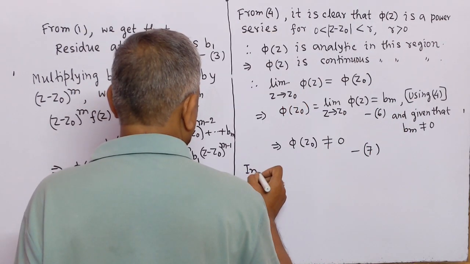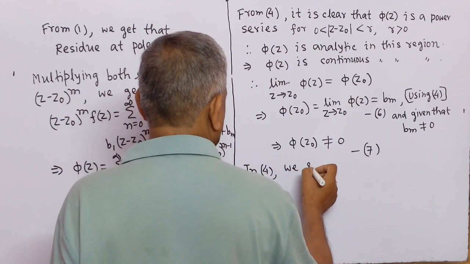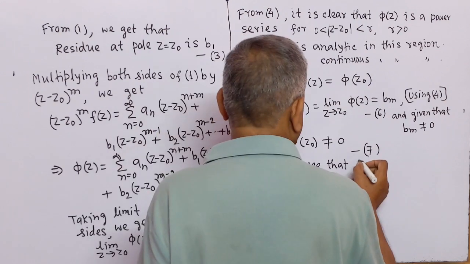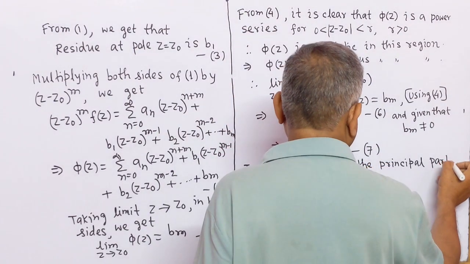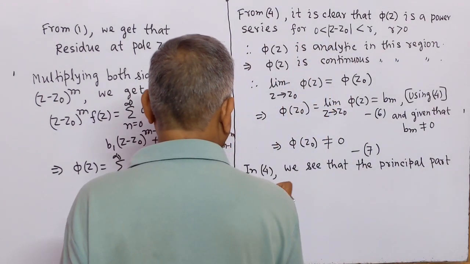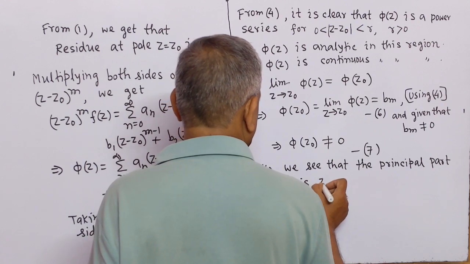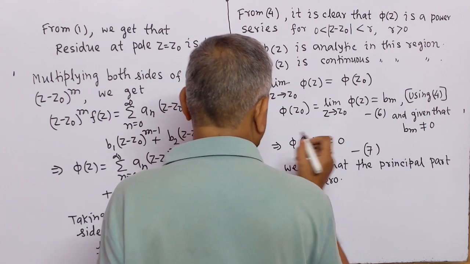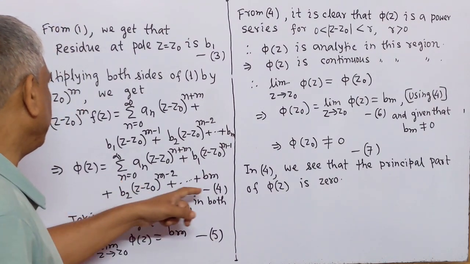In 4, we see that the principal part of phi(z) is 0, which means there is no term in the principal part of 4.